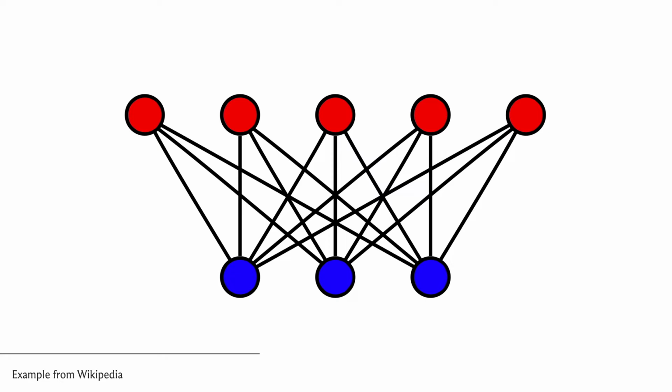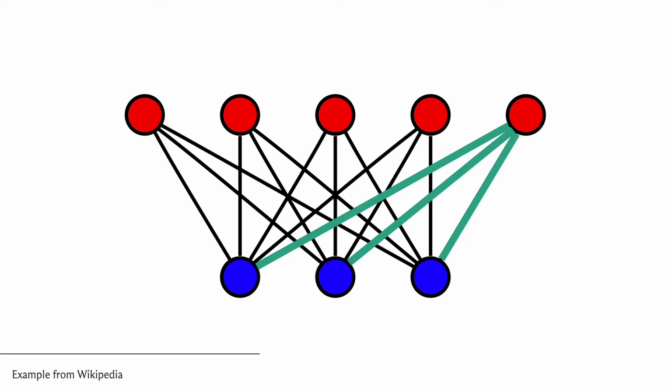So let's look at it from the perspective of the red vertices. You will see that each of the red vertices has 3 blue neighbors, and this is going to be true in general for any complete bipartite graph with parts that have A and B vertices. So each of the A vertices will have B neighbors, which means that the total number of edges is going to be simply the product of the sizes of the two parts, A times B.